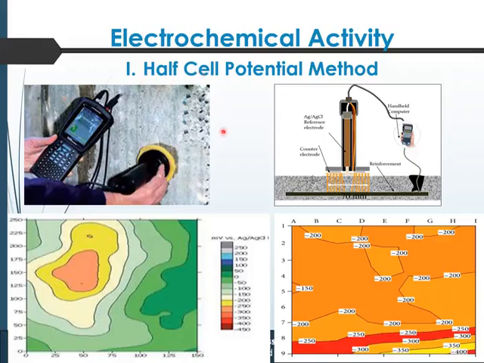We choose a region of concrete. We mark points where we need to measure the potential, and we keep marking over an area of, let's say, 1 square meter or 3 square meters or 5 square meters.